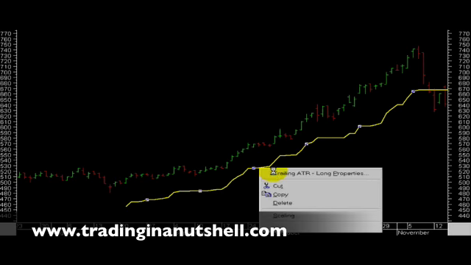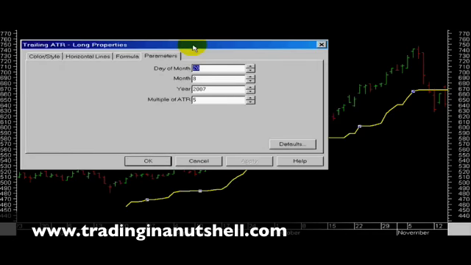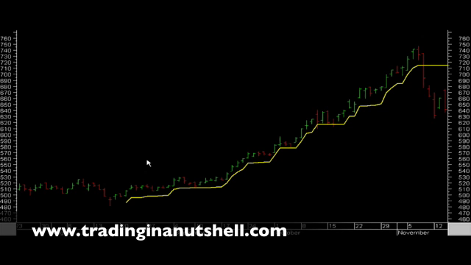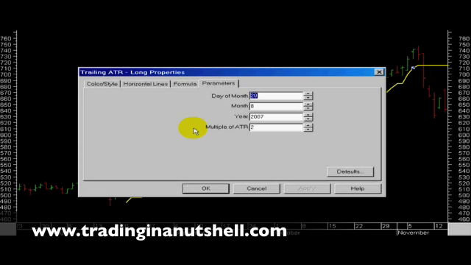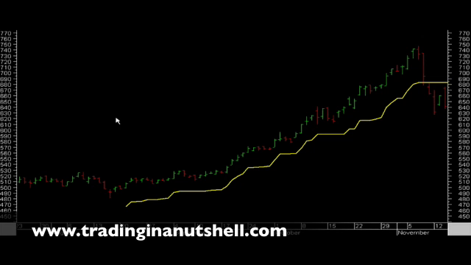So again, you've got to find that balance of not giving it too much room, but at the same time not closing in right on the price, like this particular example, which is only 2 times the average true range, and you'll notice it really strangles the price and doesn't allow it much room to move. So perhaps I might just change that to a 4, which is just an ideal sort of range where we're allowing that stock every opportunity to keep on going higher and providing it that room to move.